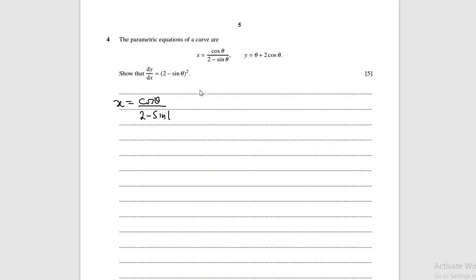In this case, we can only find the dx by d theta using the quotient rule. This is the numerator, this is the denominator. So using the quotient rule, you differentiate the denominator.